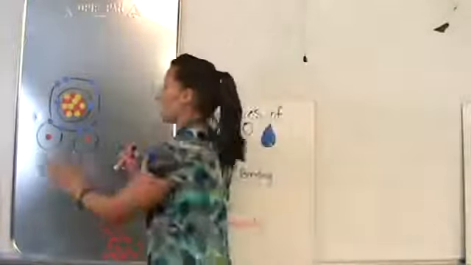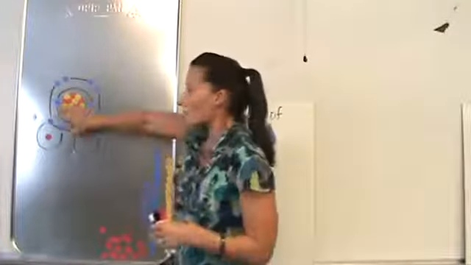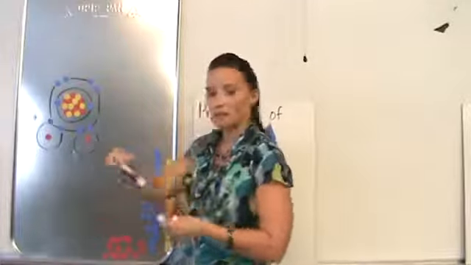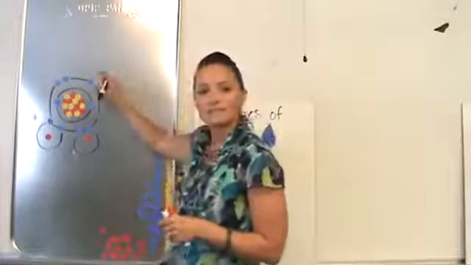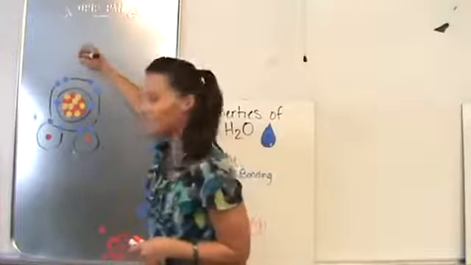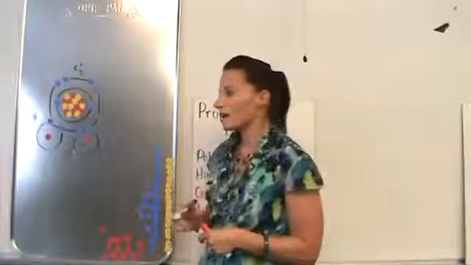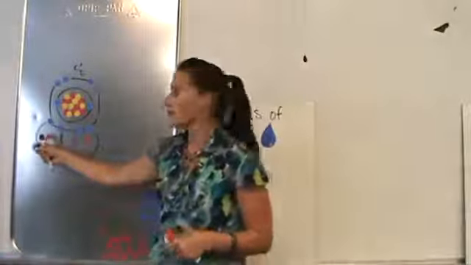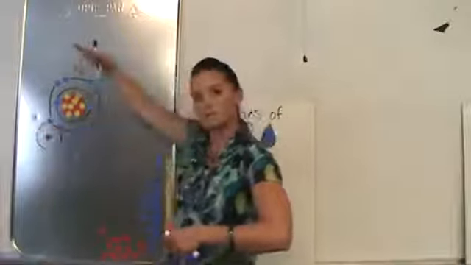But if you notice, all of the electrons are on this side here, on the top half near the oxygen. Now, because of that, this water molecule has one side that is slightly negative, which is the side where all the electrons are. So the top here is what's considered slightly negative. Now, each of these sides have a proton on this side, but no electrons around it. They're up closer this side.